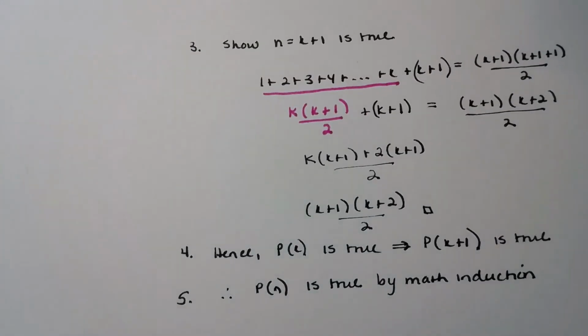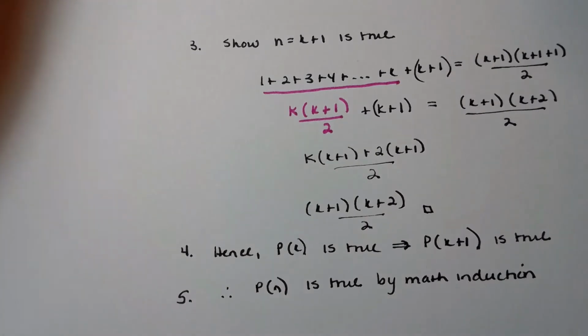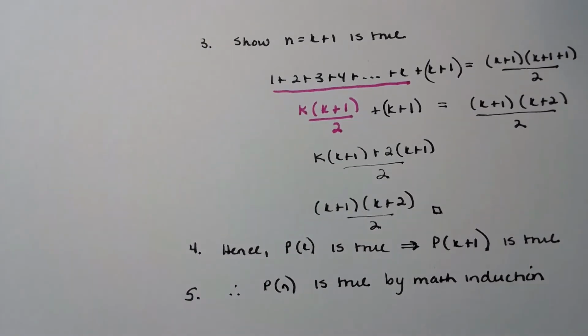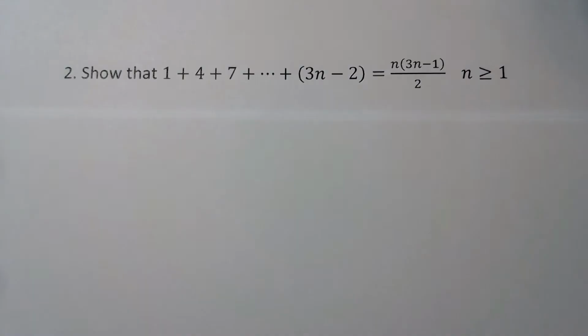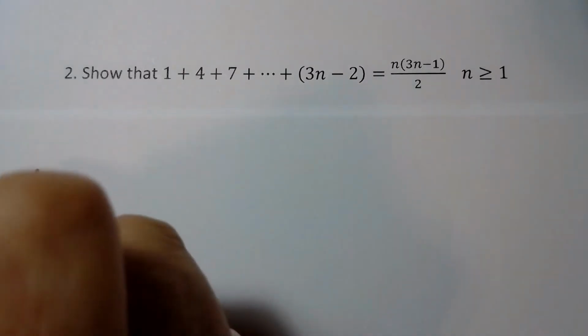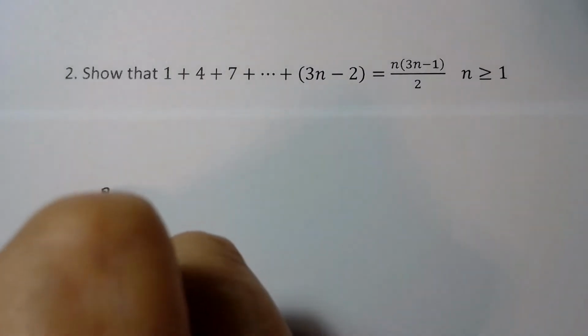So let's look at the next one. The next statement says the following. Show that 1 plus 4 plus 7 plus dot dot dot plus 3n minus 2 is equal to n times 3n minus 1 divided by 2 for n greater than or equal to 1. So I start off with P of n.